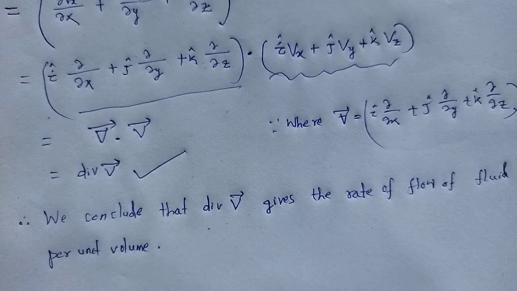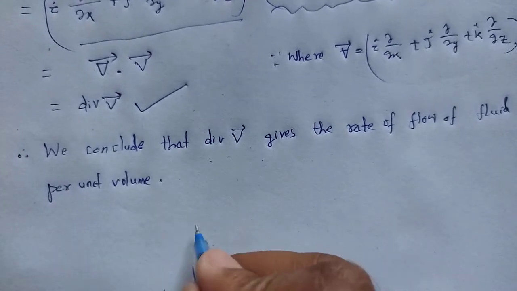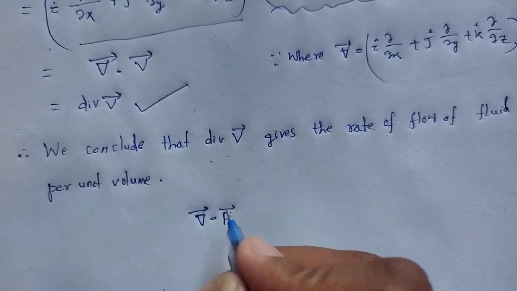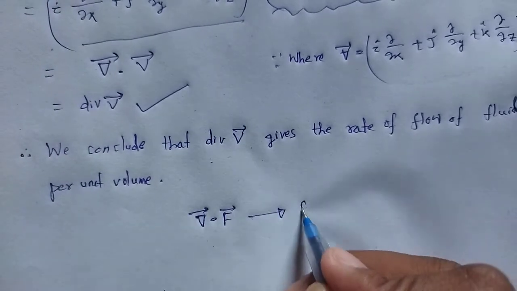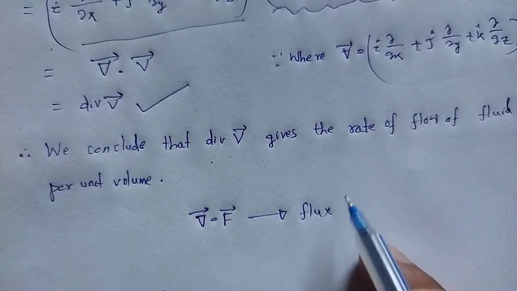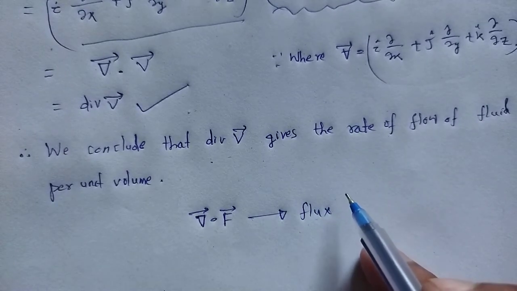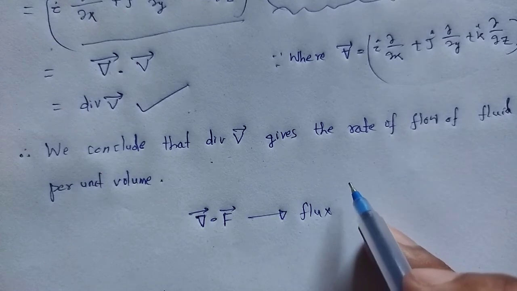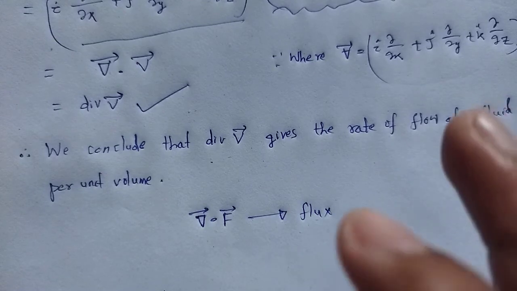Now, what is the physical meaning of divergence in our physics, or what is its use in various types of physical phenomena? In fact, let F vector be a vector field. Then grad dot F vector gives the flux per unit volume in the region around the point.